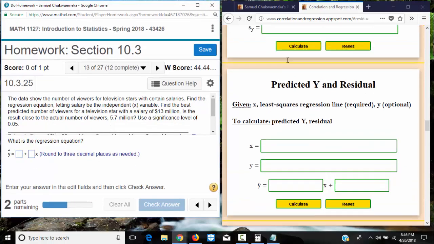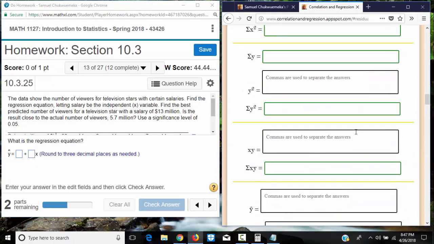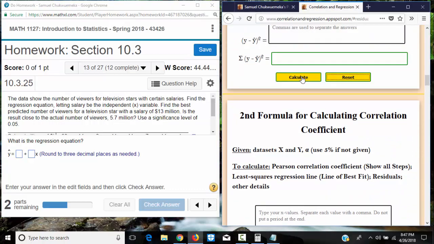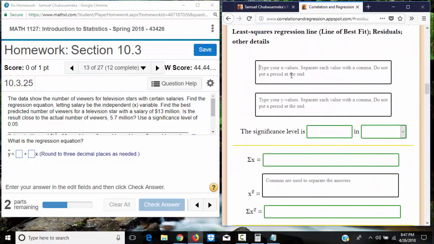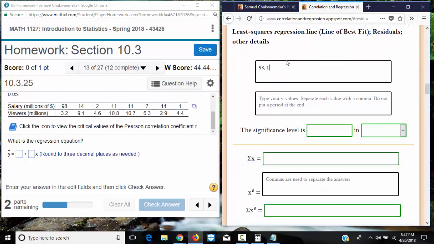So let's reset this. We can use second formula, that's fine. You can go ahead and reset this first formula. So the X we have here, we have 98, 14, 2, 11, 11, 7, 14, and then 1.